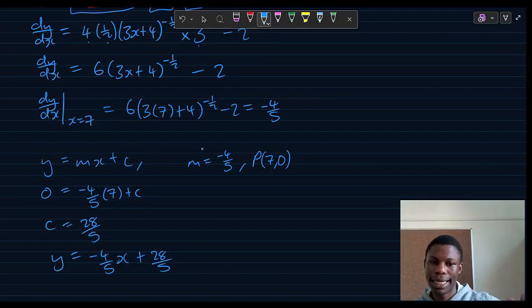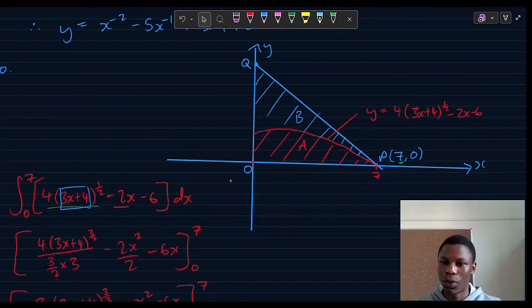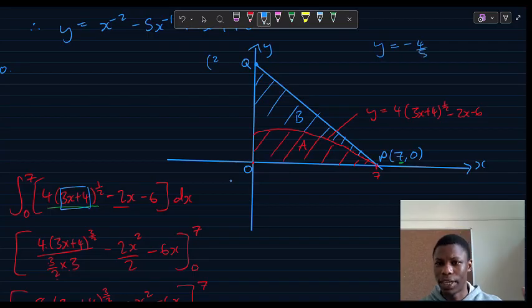Okay. So we've got two options. We can either integrate this equation from 0 to 7 to get the area under the line between 0 and 7, or we can just get the area of the triangle. We now know that the y-intercept of our line PQ is 28 over 5, because that's the c from our equation, y equals negative 4 over 5 x plus 28 over 5.